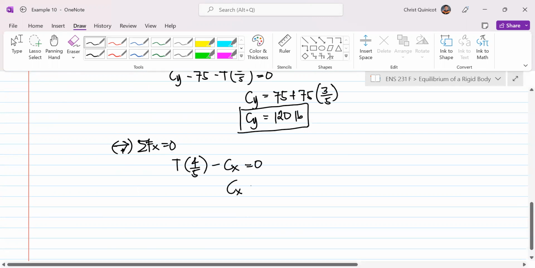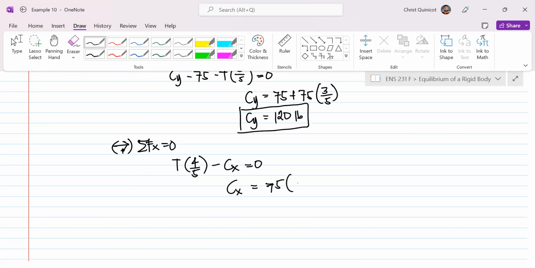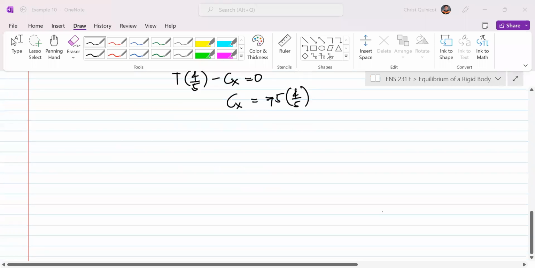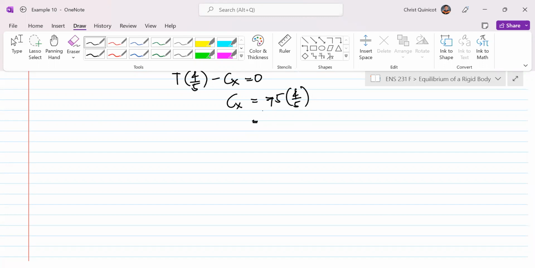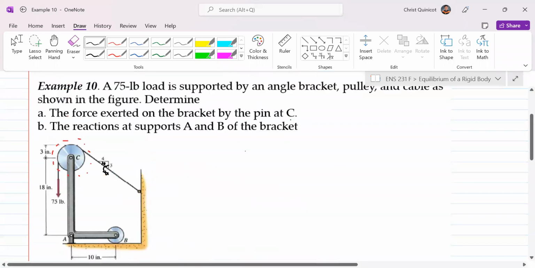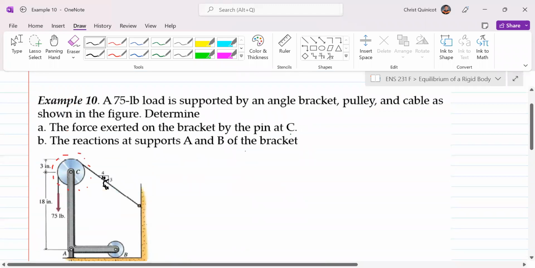So C sub x is equal to 75 times 4 over 5, which is 4 divided by 5 times 75. That is equal to 60 pounds, C sub x.